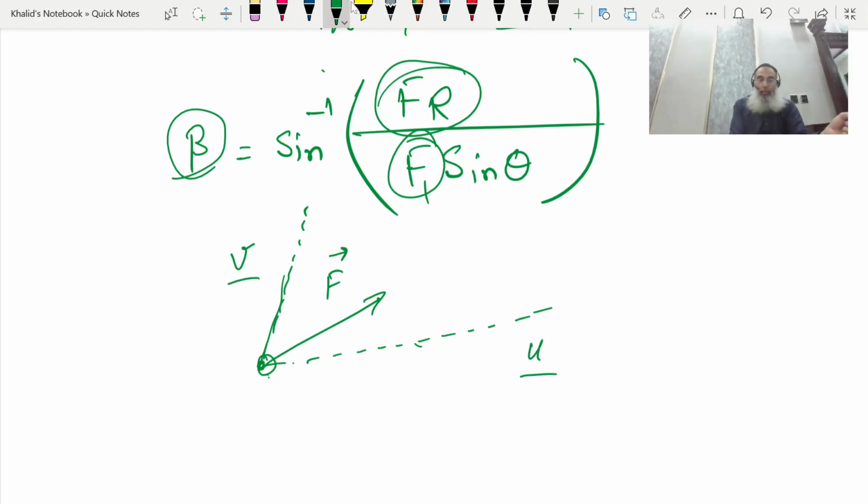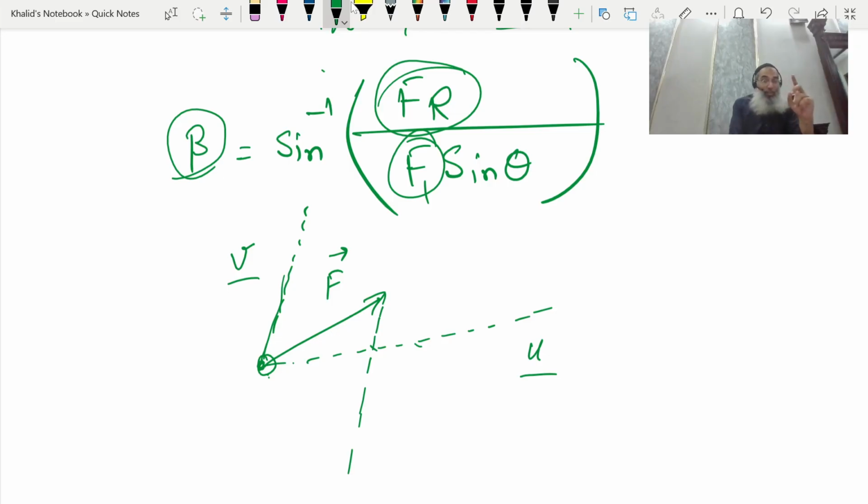Here, as you can see, if I draw a line from here parallel to this one, and parallel to this one, these two lines intersect here. And if you recall the triangle law of forces, in that law we had a triangle.